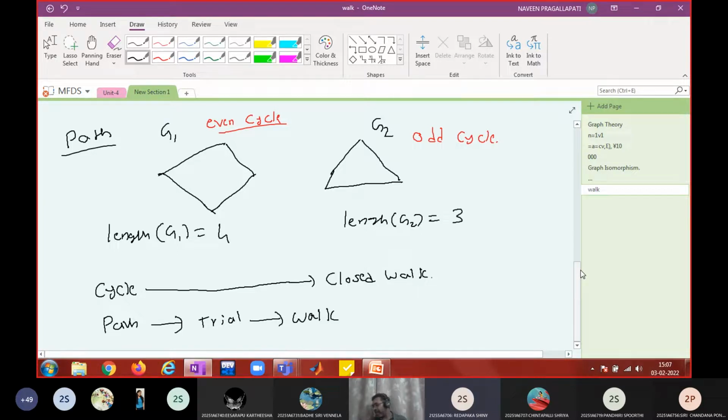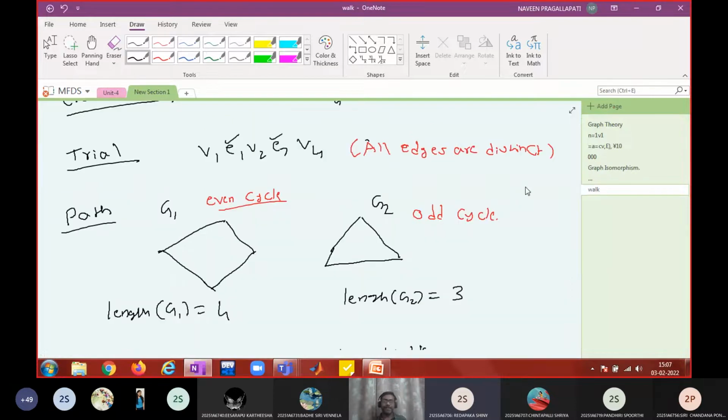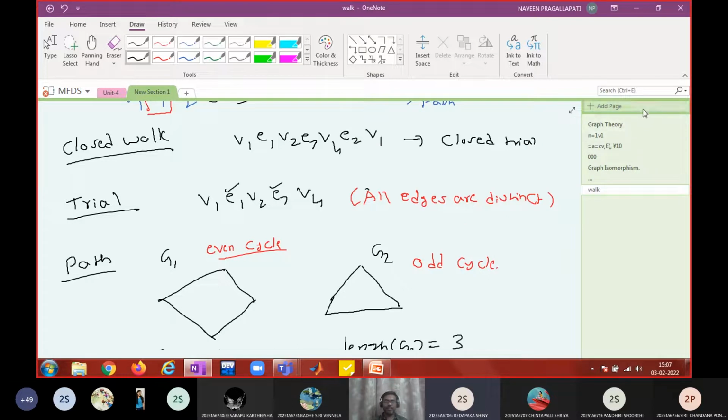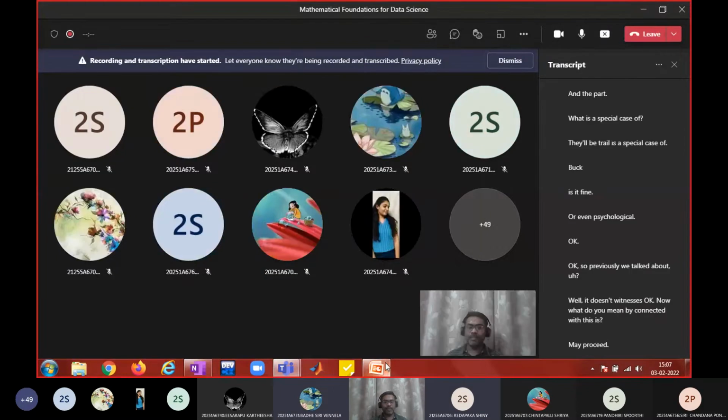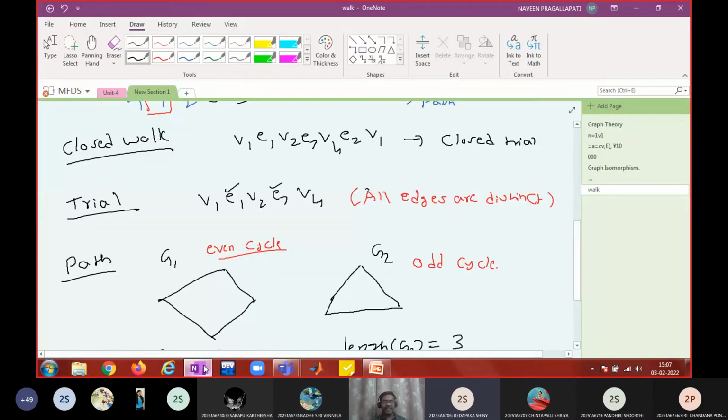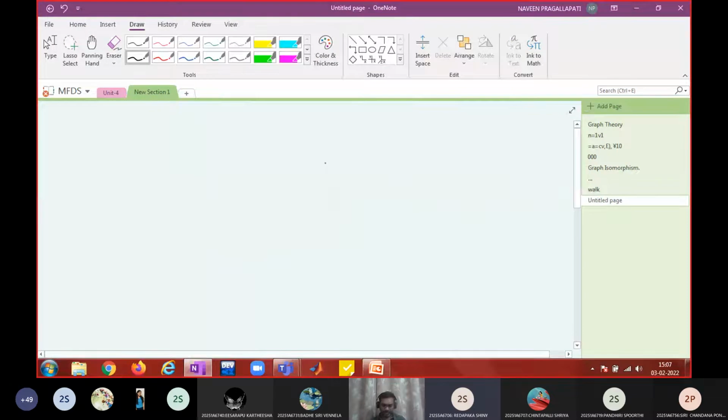Okay. So previously we talked about adjacent vertices. Now what do you mean by connected vertices? May I proceed? Yes, sir. So what do you mean by connected vertices? When do you say two vertices U and V are connected? There can be a walk from one vertex to any other vertex in the graph, sir.